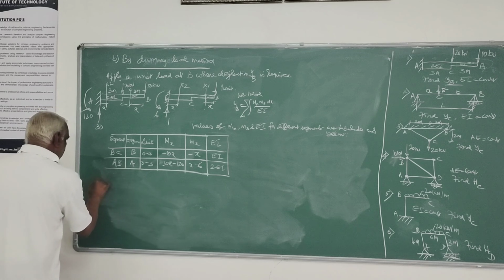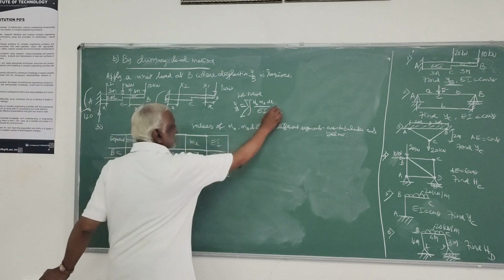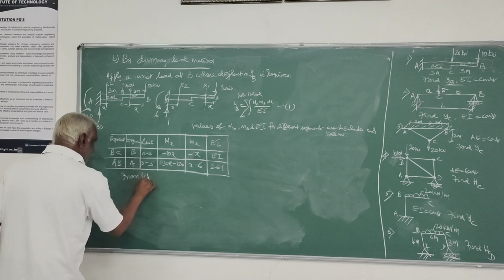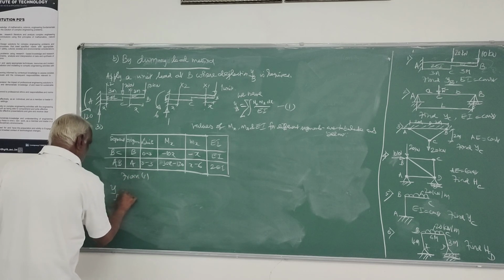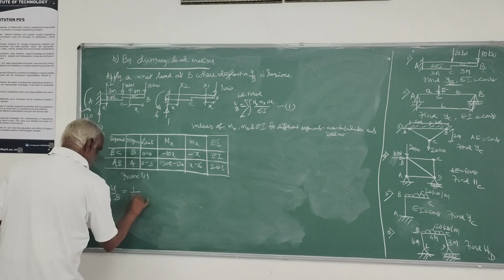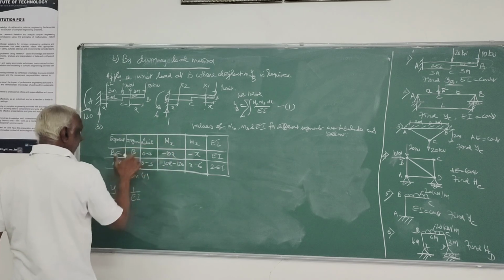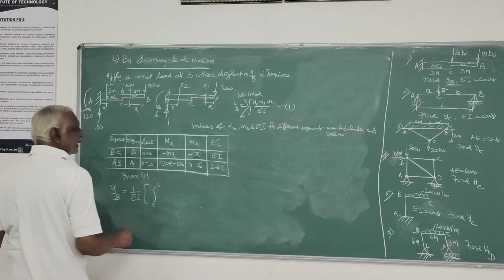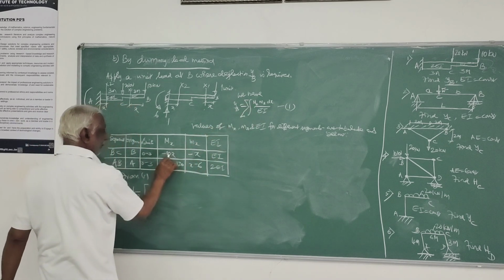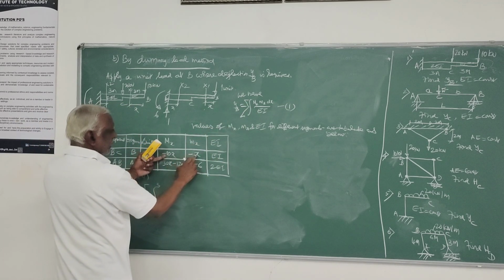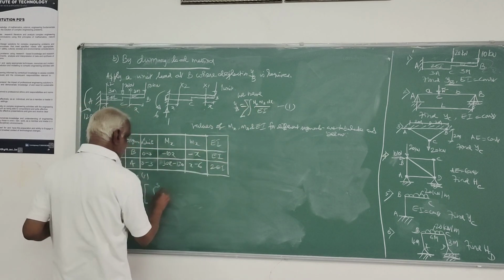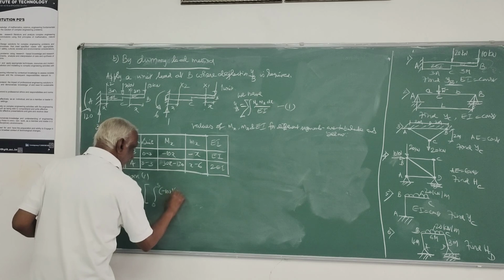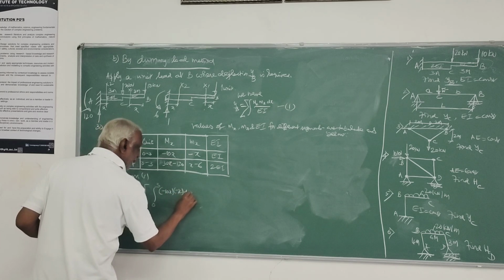So, therefore, you call this as 1 over EI for this portion, integral 0 to 3, Mx is minus 10x, here small mx is minus x, so minus 10x into minus x dx.